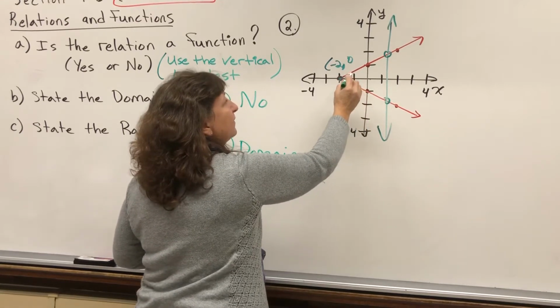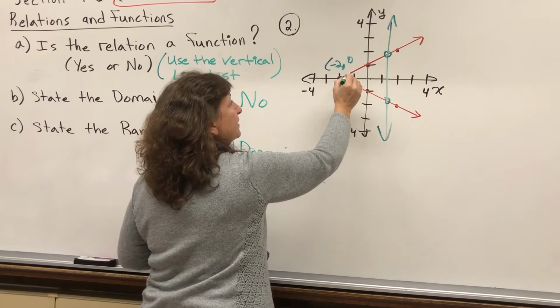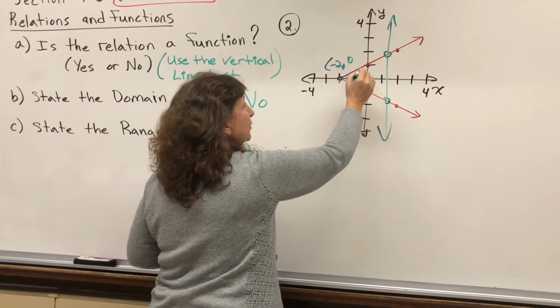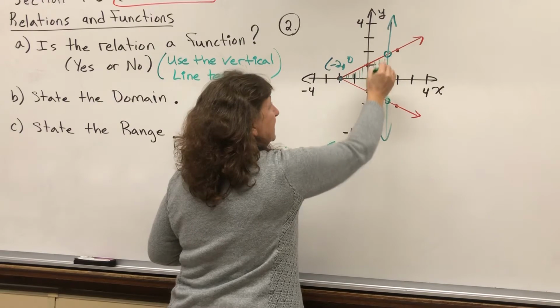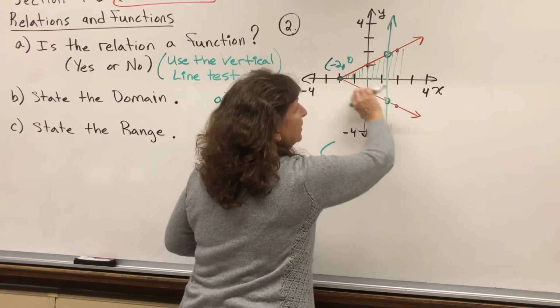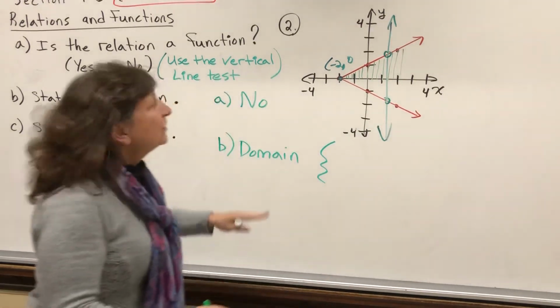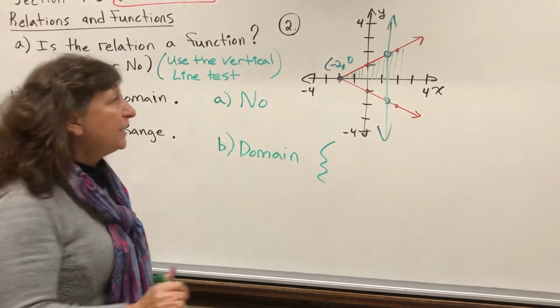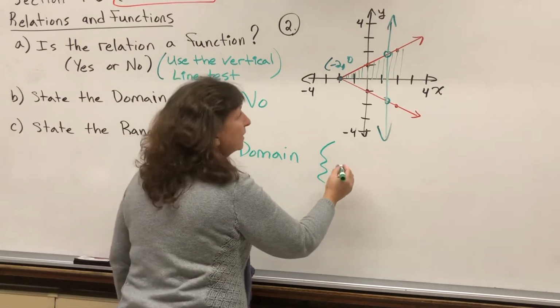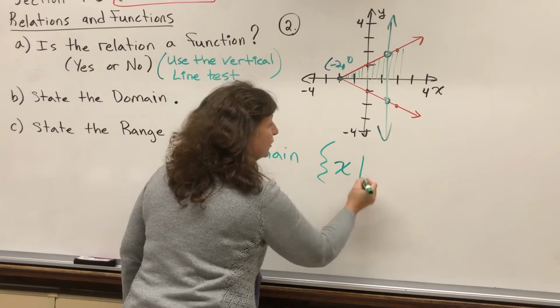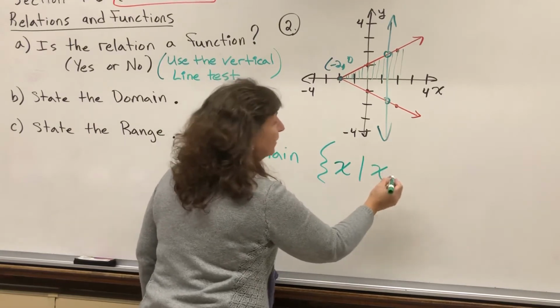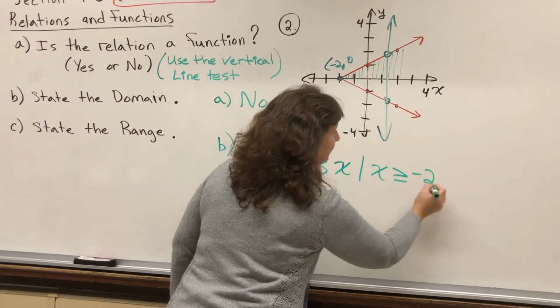So if I look at values on the x-axis, this picture has meaning on the x-axis for all real numbers as we head to the right. So the domain of that relation is going to be all real numbers x, such that x is greater than or equal to -2.